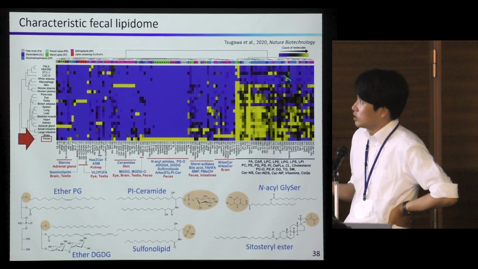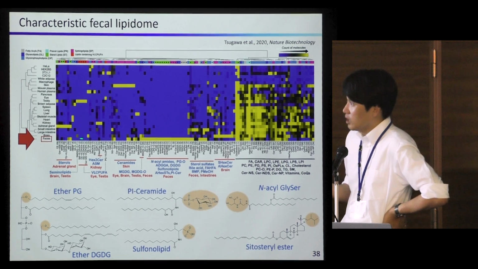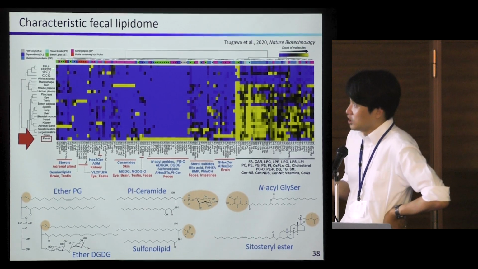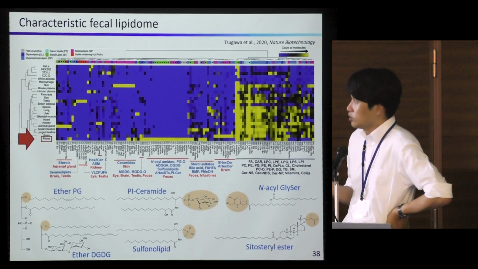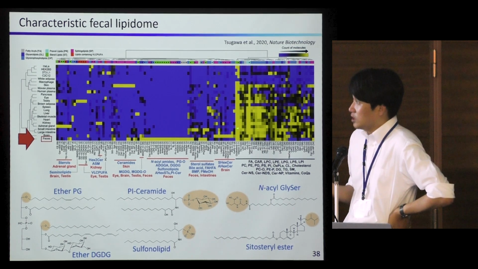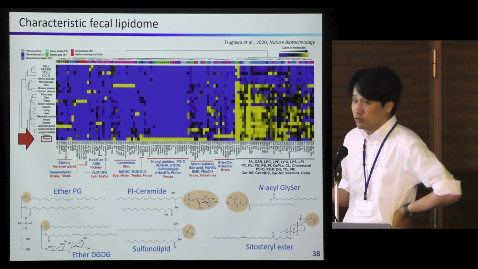Actually, Dr. Tsugawa applied the software to various kinds of samples, such as cultured cells, organs, and feces samples. And this color map shows the identification numbers of molecules. Yellow means the abundant ones, and the x-axis means the lipid class.